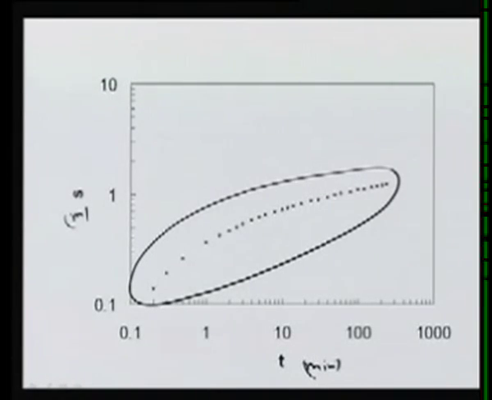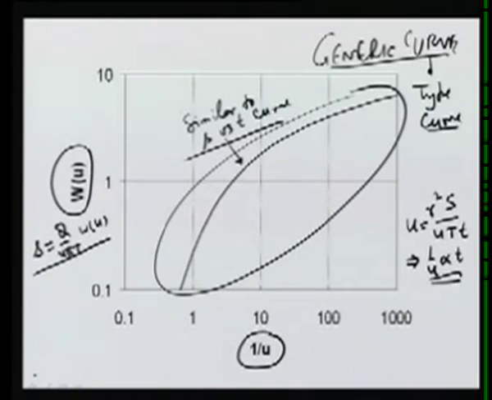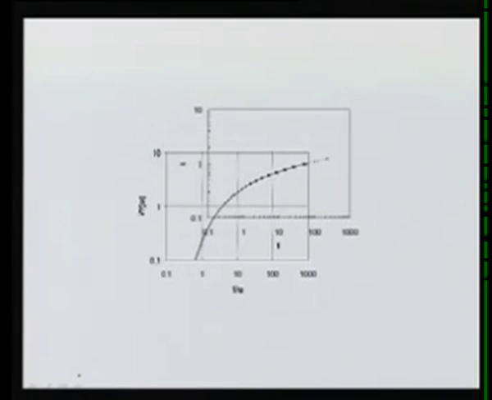As you can see, both curves will not match if we put them as they are. So we have to shift the axis in order to make a match, and that is what is done here. This is the drawdown curve, the symbols, and the line shows the type curve.